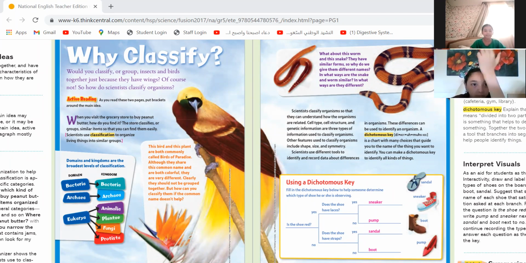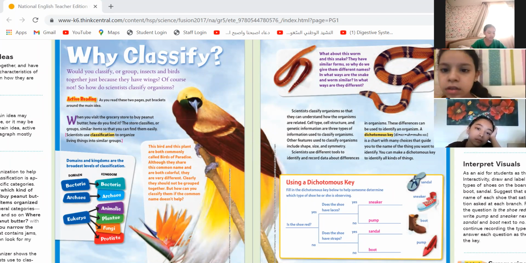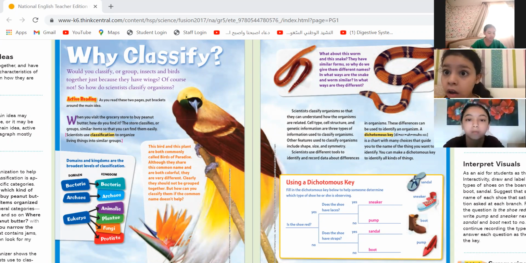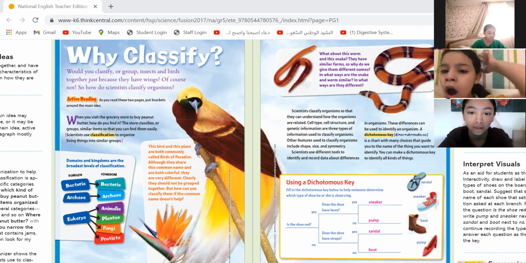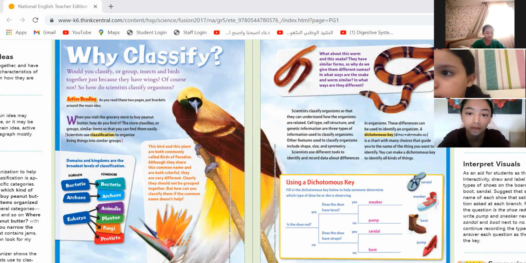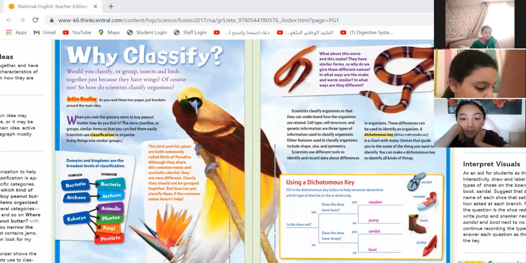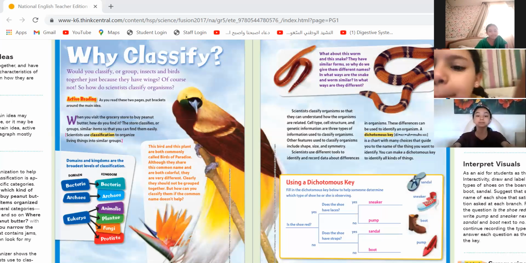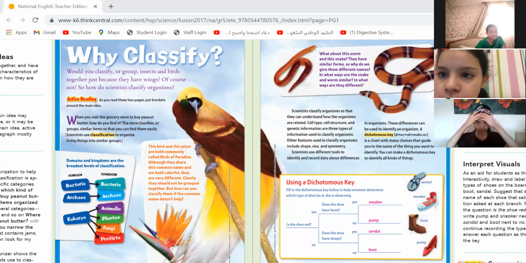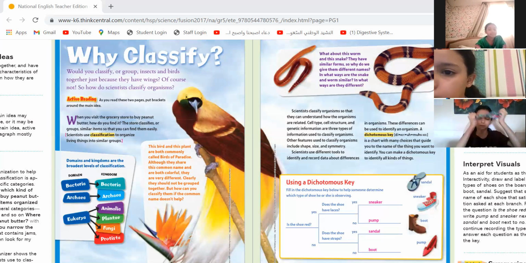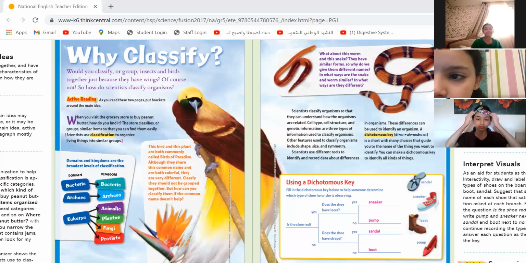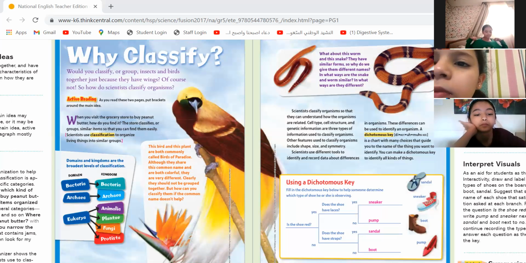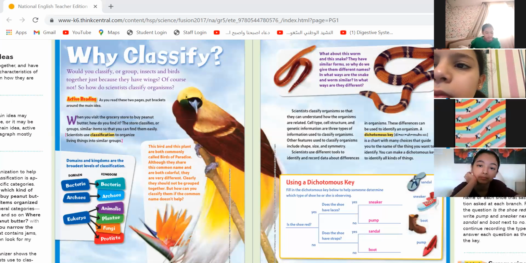Animalia, Plantae. How many animals go under the kingdom Animalia? How many kinds or sorts do you think? Come on, girls.